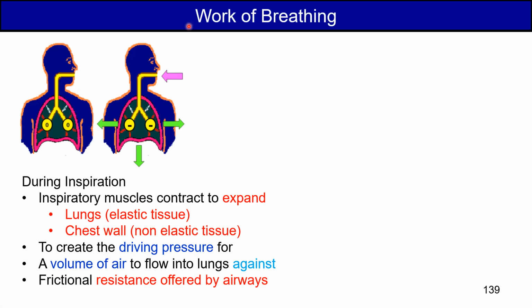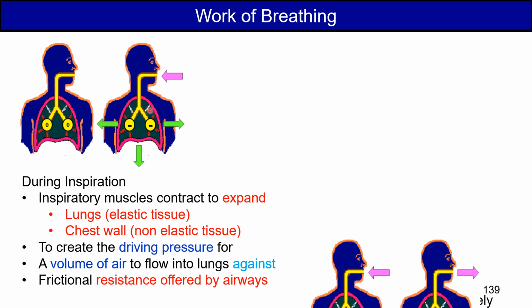Let us now discuss the work of breathing. During inspiration, the inspiratory muscle is going to contract to expand the chest wall, which is composed of non-elastic tissue, and the lungs, which is composed of elastic tissue. This is going to create the necessary driving pressure for air to move in against the frictional resistance offered by the airways.